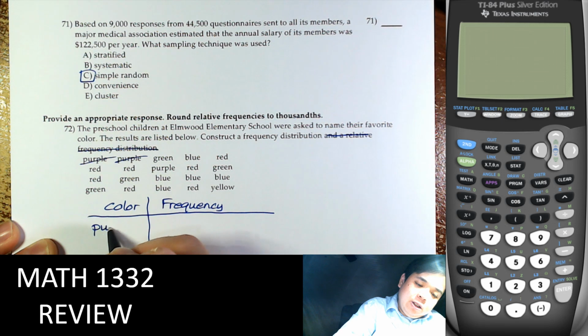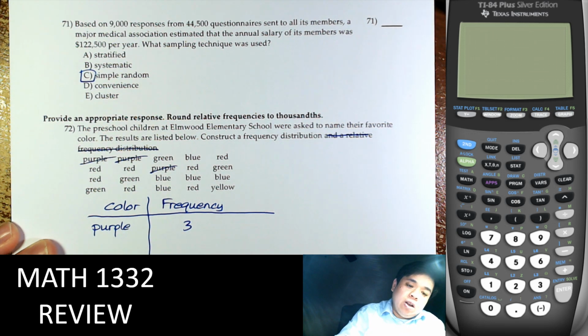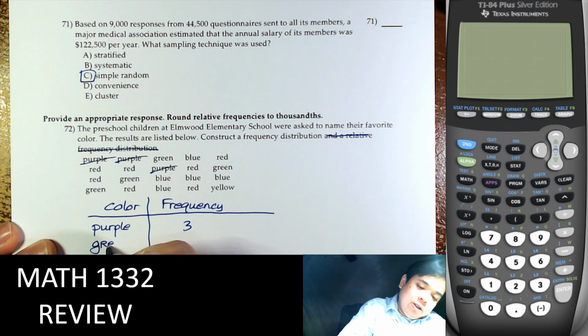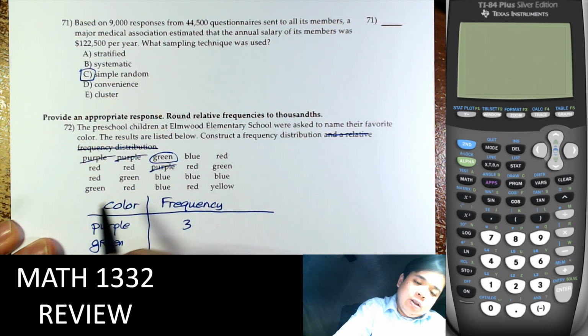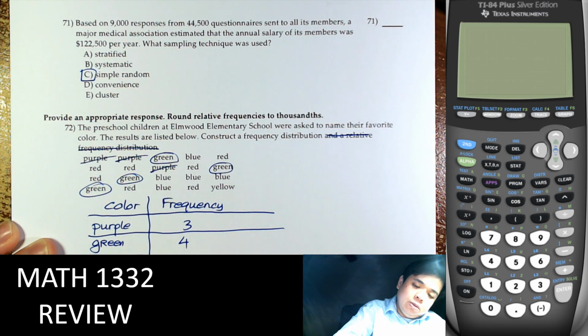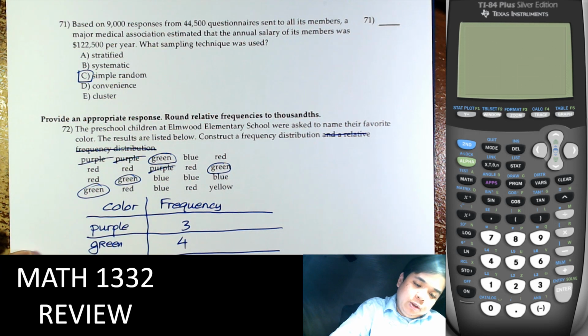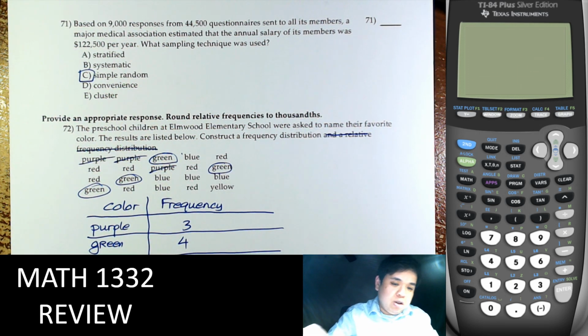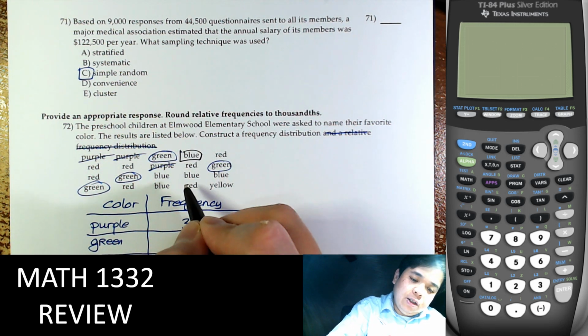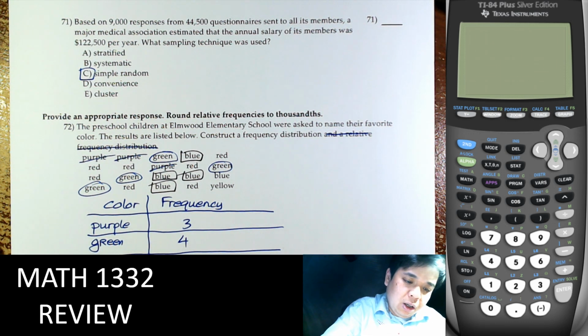Purple, that's 1, 2 and 3. Right, next we have green: 1, 2, 3, and 4. And now blue: 1, 2, 3, 4, and 5.